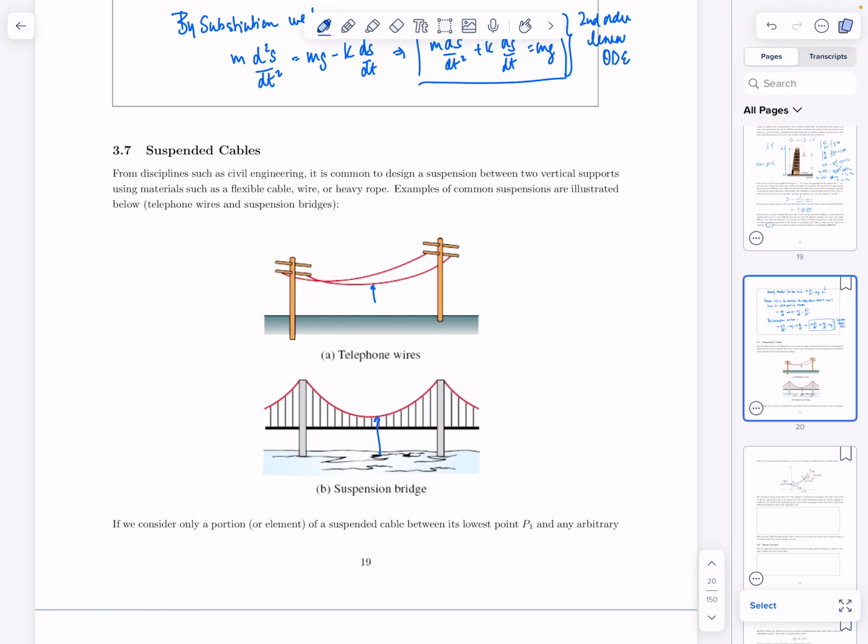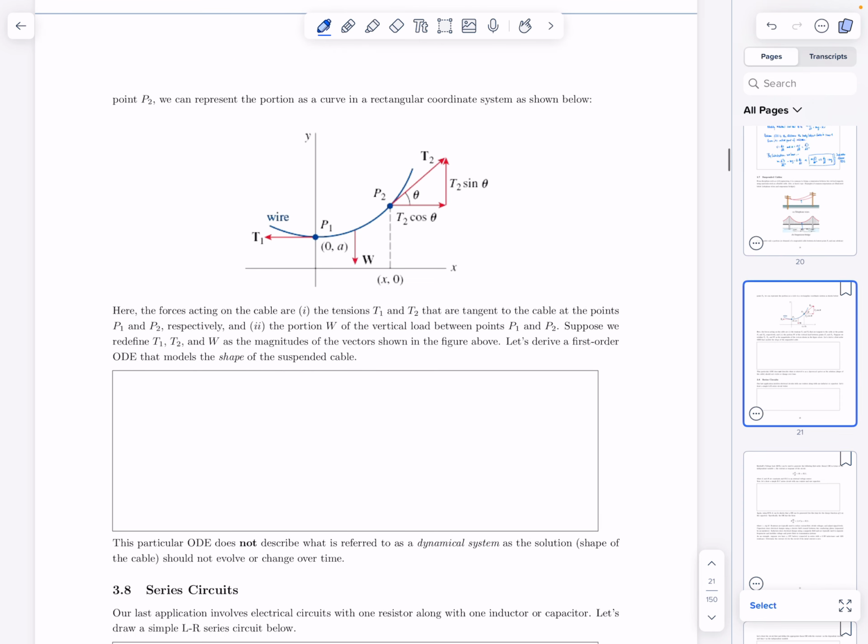So geometrically, we could redraw, in a more generic sense, a Cartesian coordinate system representing that portion of the cable or the wire. And here's the lowest point, P1, and then we go up a little bit higher on the cable, P2, and look at the forces acting on the cable at those two different positions, all right? Or in the case of gravity acting on it, with the weight, say W, all right?